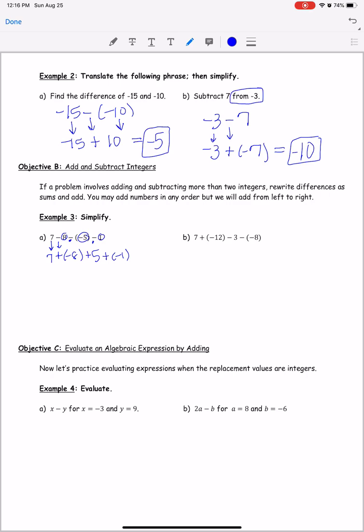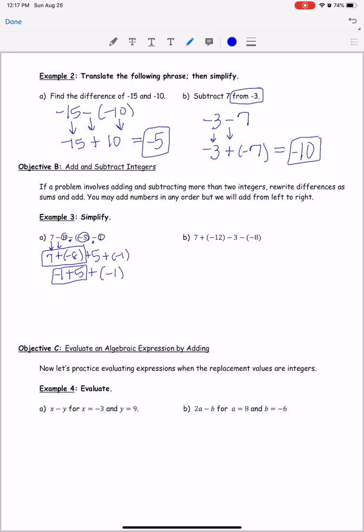So now I have nothing but addition here, so now simplify. If I just start over here with the furthest one, 7 plus a -8, those are different signs, so subtract and keep the sign of the bigger number. So 8 minus 7 is 1, and 8 is bigger, so this is -1. Bring down everything else. So +5 plus a -1. Here, -1 plus 5, same thing.